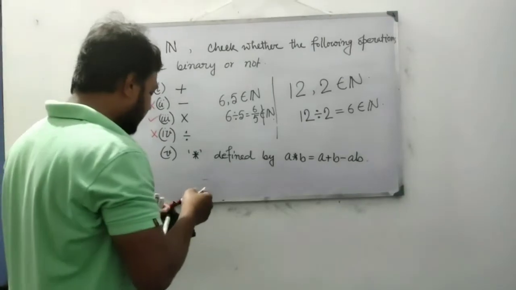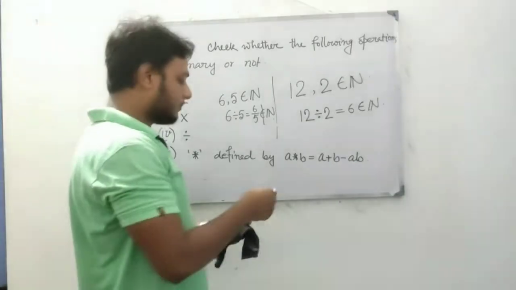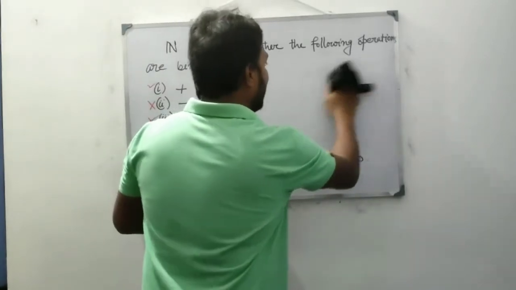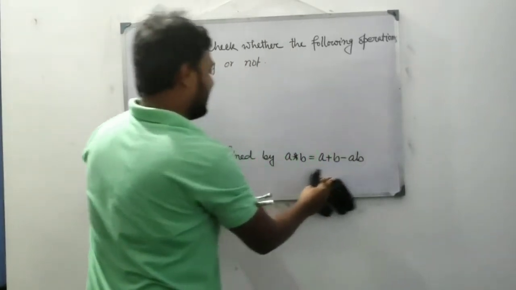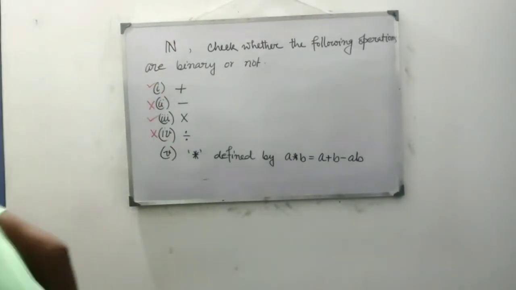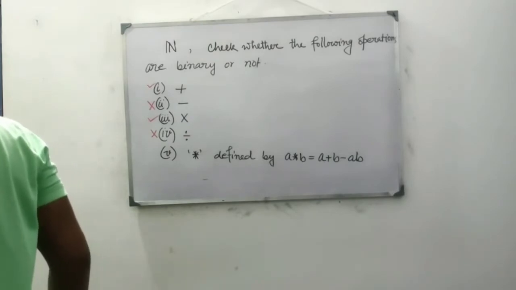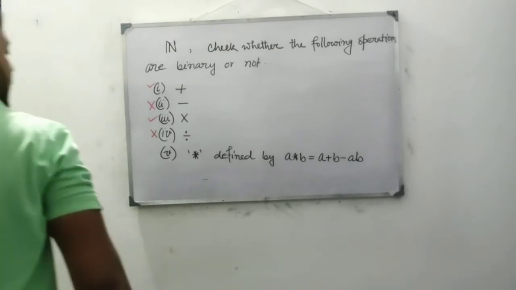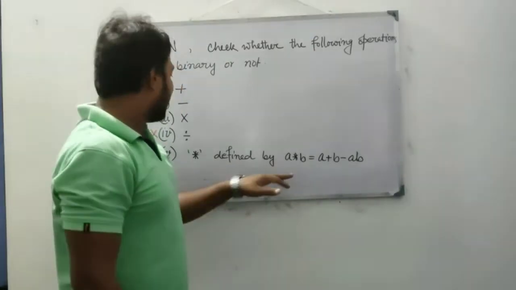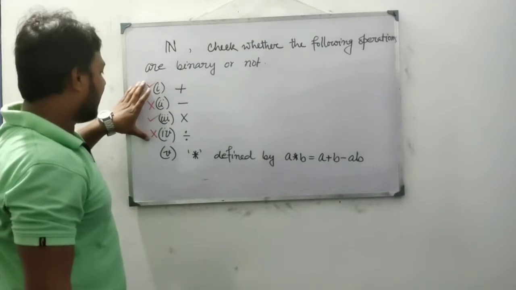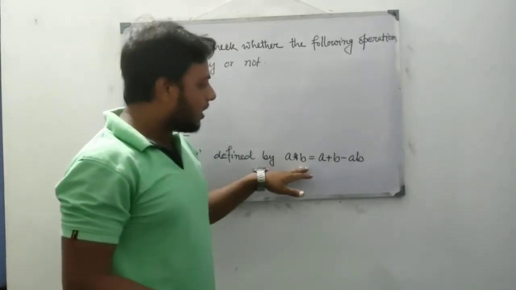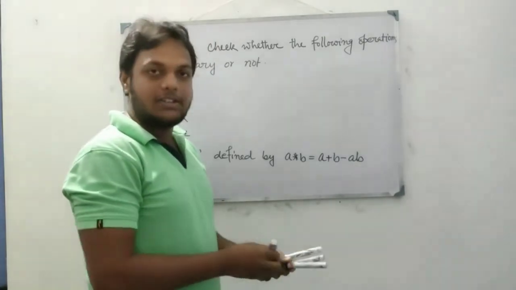Now check the fifth one. The fifth one is exceptional. It is very difficult to say, unlike plus, minus, multiplication and division. Actually, this is also not a binary operation. I can evaluate using the definition.